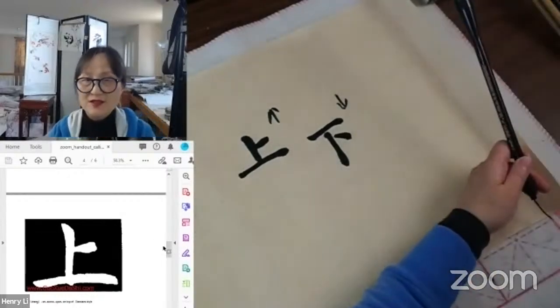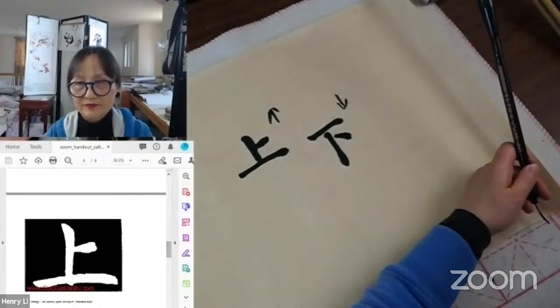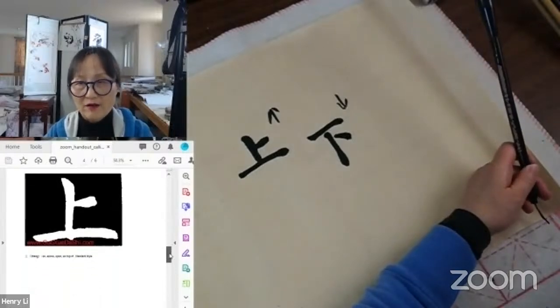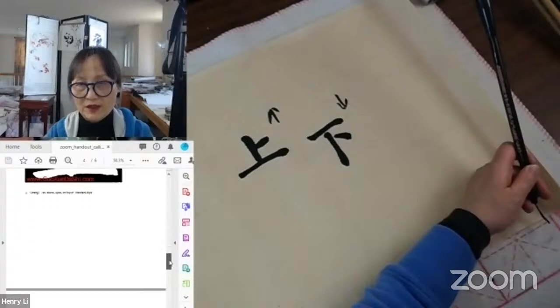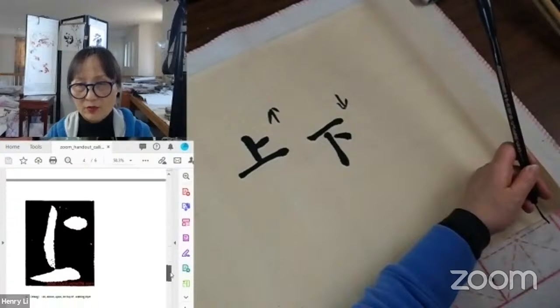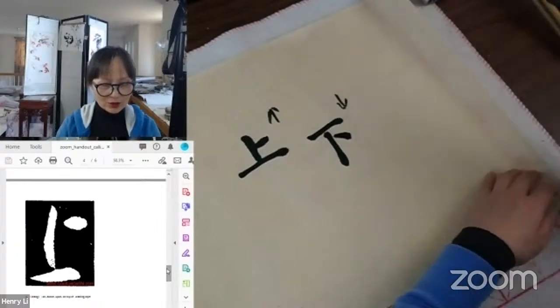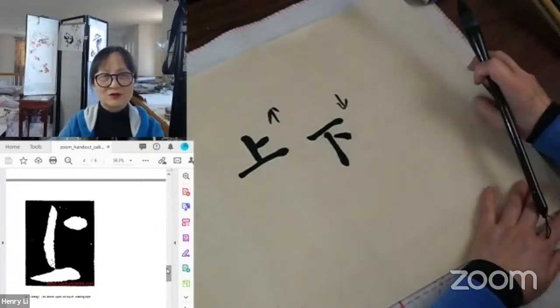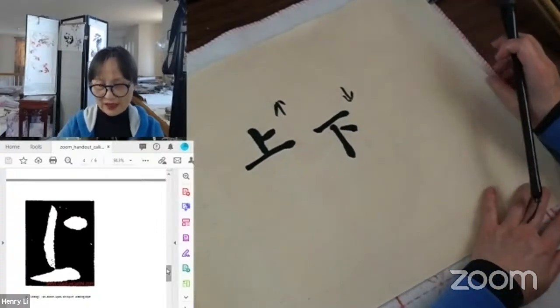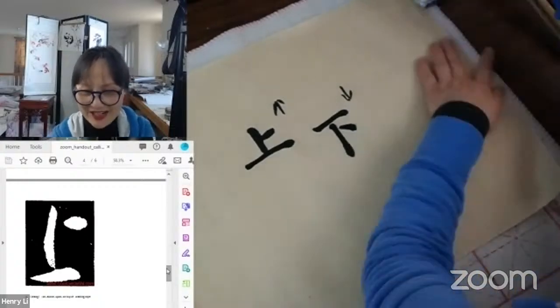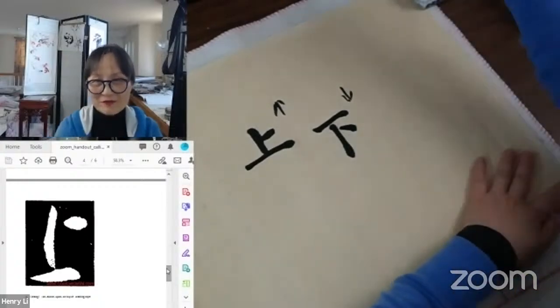Okay, that's easy to do in walking style for the shang, the up one. Totally 3 strokes, so you do not have that much room to change or simplify it.